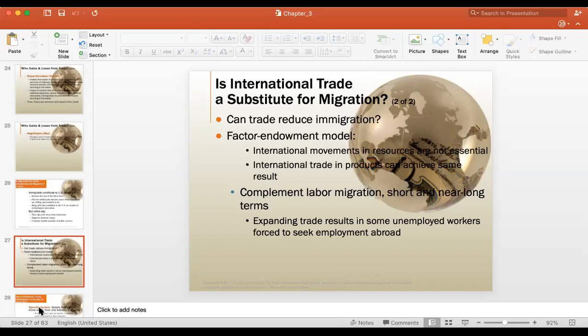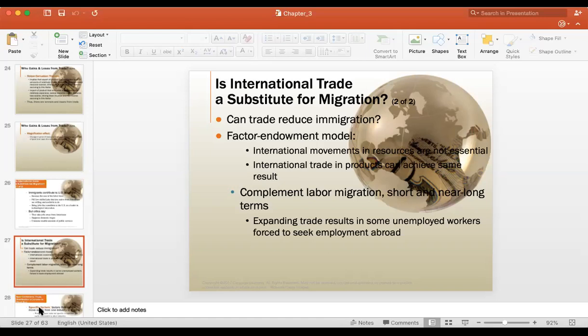This will lead to a fall in the real wage of US workers. At the same time, when we are importing labor-intensive goods from Mexico, this will lead to an increase in the real wage in Mexico.